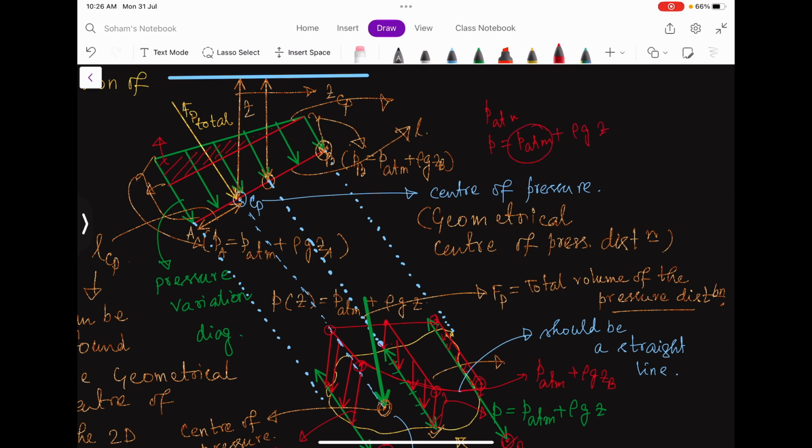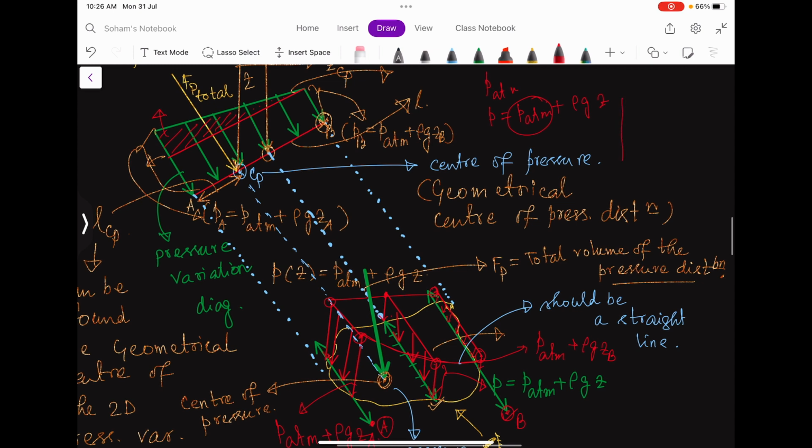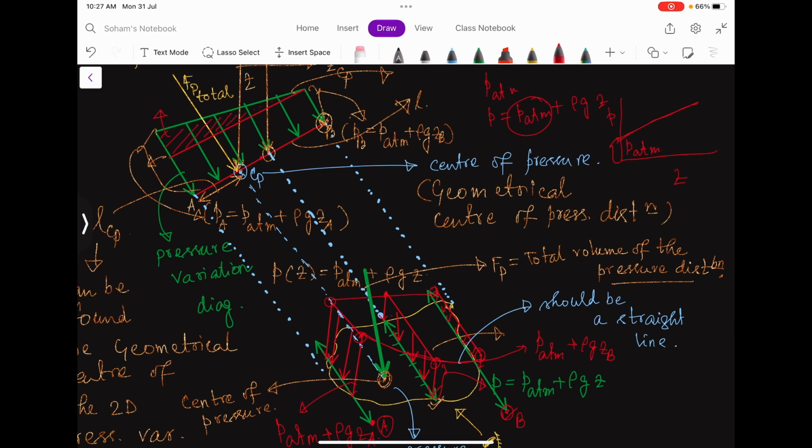So this is like an intercept. If I draw P versus Z, this will be like something like this. This part is PATM, and that is constant for all the cases. And the center of pressure, if only PATM was acting, should be on the mid position of the plate along the length.